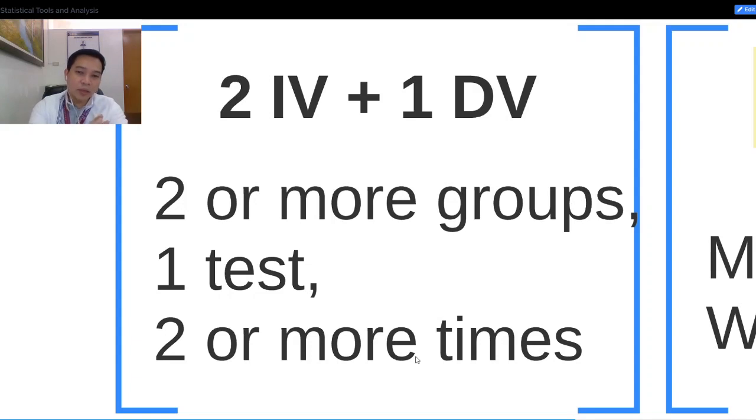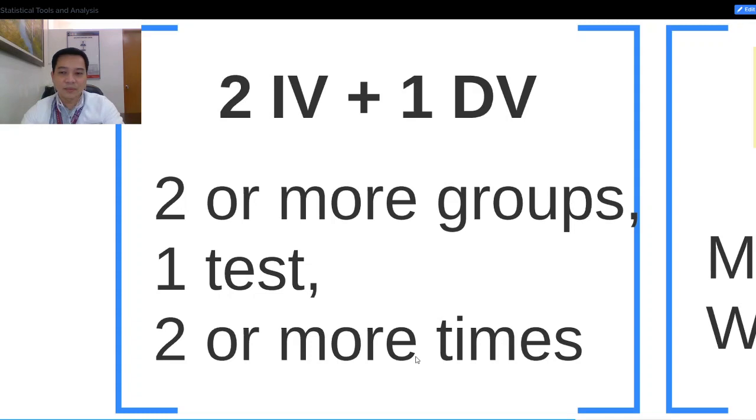Previously, you had only one factor among the three that was several, meaning two or more groups, and the rest were single. For example, two groups, one test, one time, you're dealing with independent sample t-test. But if it's one group, one test, two or more times, you're dealing with paired sample t-test.